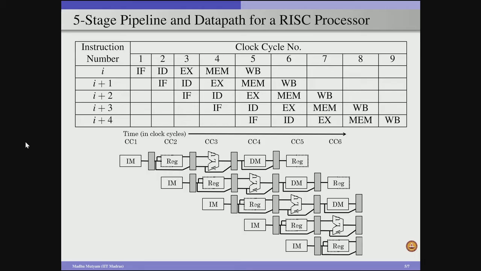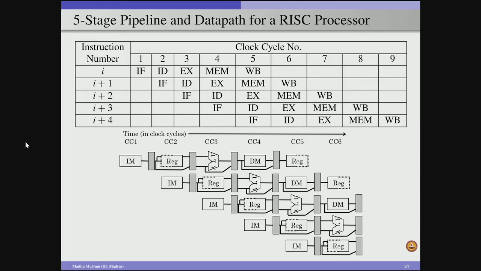And for this pipelining, if we see the data path associated with our processor, it consists of several components. We know that instruction fetch requires the instruction to be read from instruction memory. That is what this IM is, the hardware component, instruction memory, which supplies the instruction for the address specified in the PC, program counter.